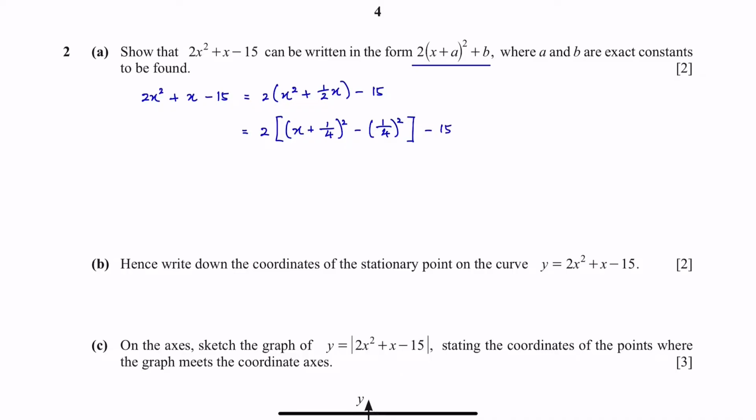Close the bracket and minus 15. So I would get 2 times x plus 1 over 4 squared minus 2 times 1 over 16 minus 15. And lastly, we would get 2 times x plus 1 over 4 squared minus 121 over 8.